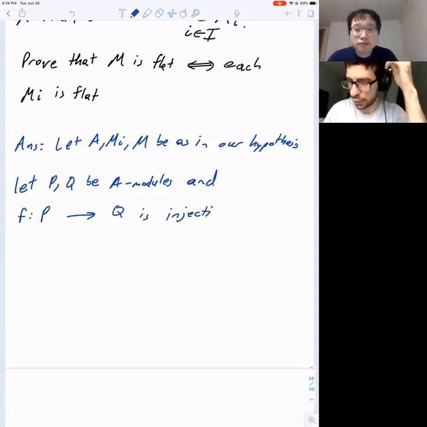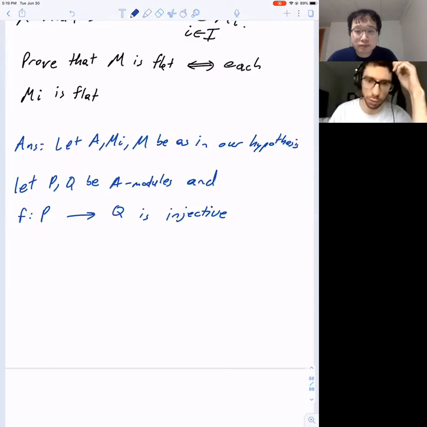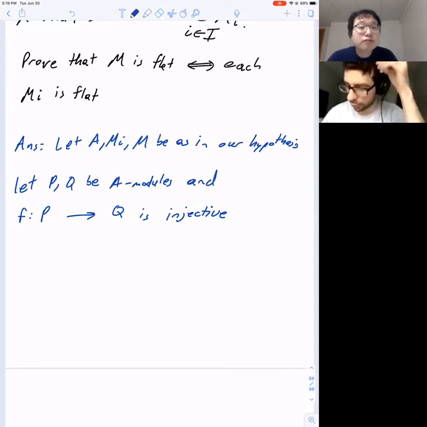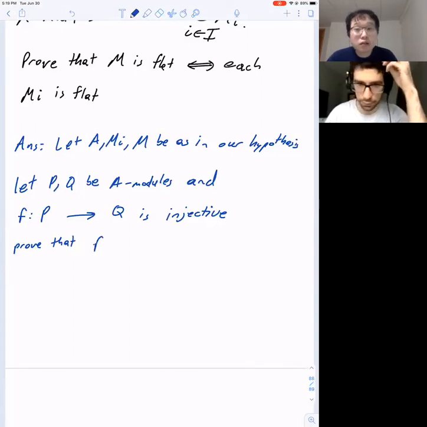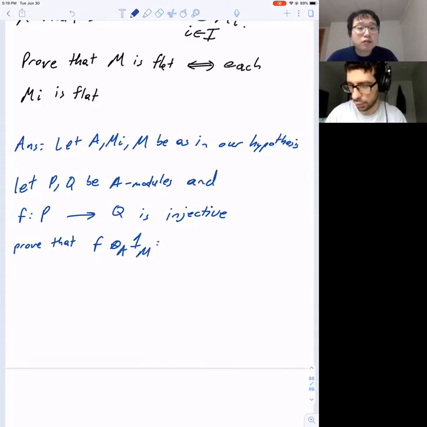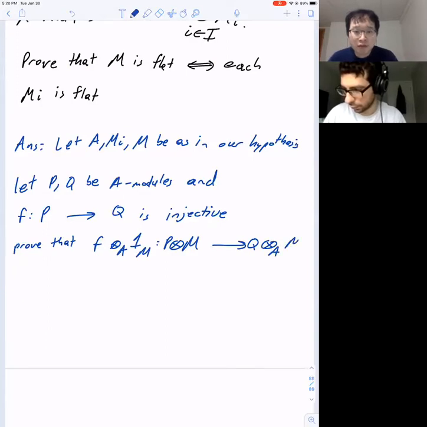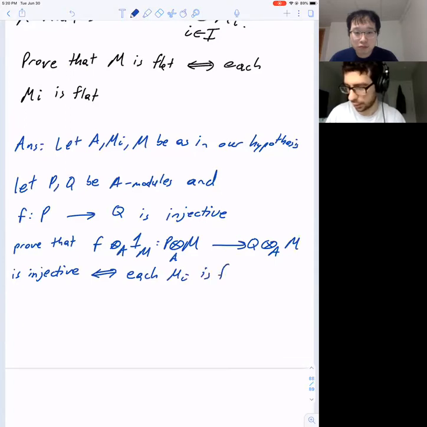So F is an injective A module homomorphism. So I need to prove that F tensor M, from P tensor M, is injective if and only if each M_i is flat.